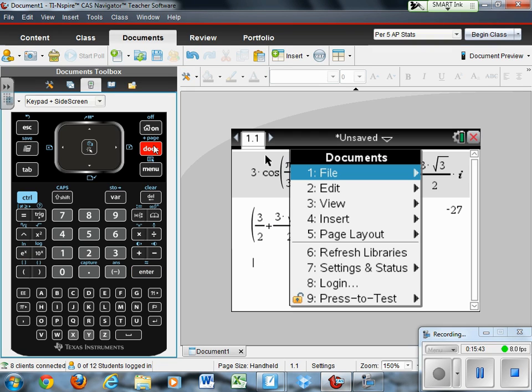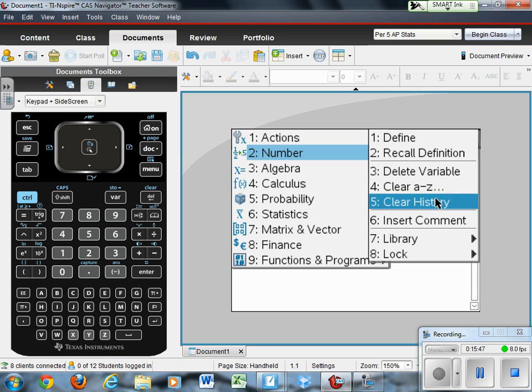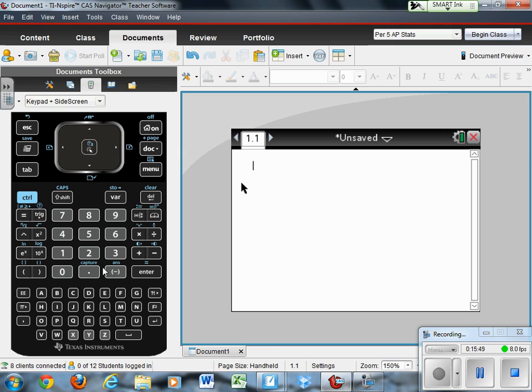Okay, so if I just type in 3 cosine of pi over 3, divided by 3, oops, that was not what I wanted to do.